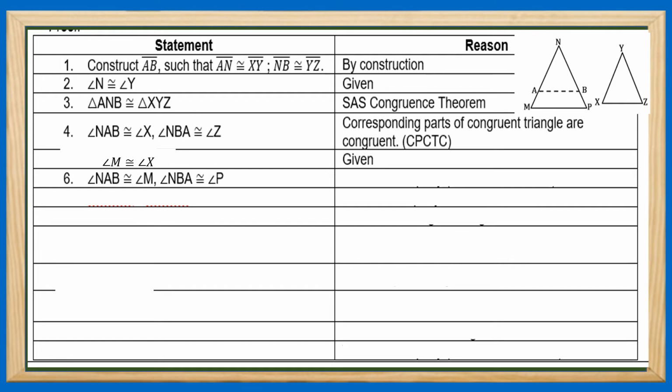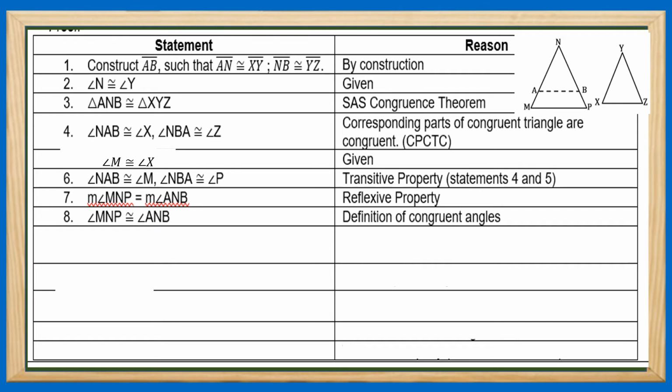Then angle NAB is congruent to angle M, angle NBA is congruent to angle P, by transitive property using statements numbers 4 and 5. Then the measure of angle M and P is equal to the measure of angle A and B by reflexive property. Then angle MNP is congruent to angle A and B because of the definition of congruent angles.